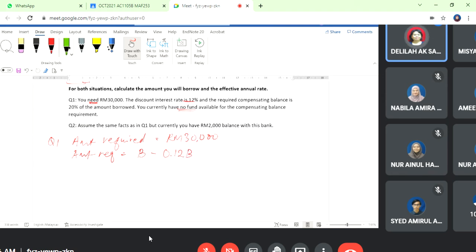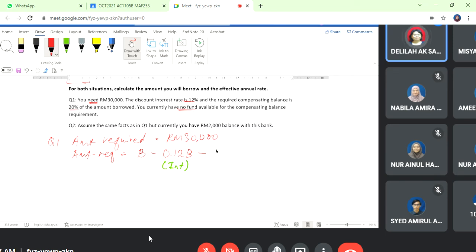Okay, so in case you're wondering what is this, ini adalah interest. Okay, kenapa tolak interest? Because this is a discount interest loan. Okay, di mana interest tu dia tolak pada permulaan pinjaman tu bermula, at the beginning of the loan period. Then you have a compensating balance requirement, 20%.